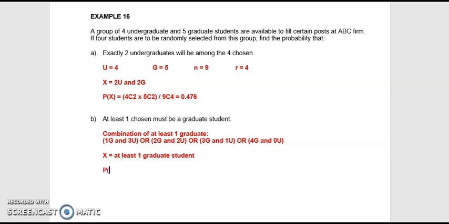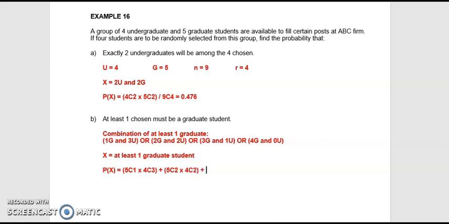So probability of x equals graduate 5C1 multiplied by undergraduate 4C3, plus 5C2 multiplied by 4C2.